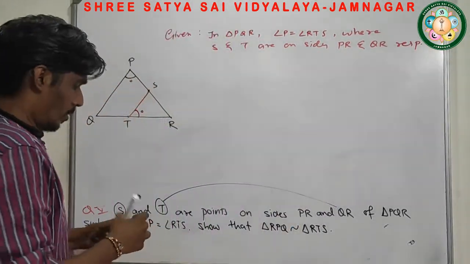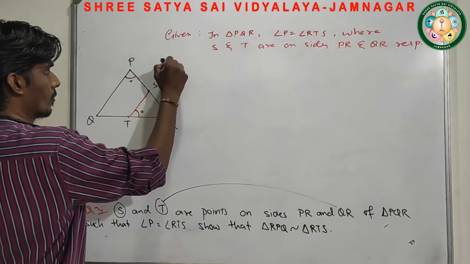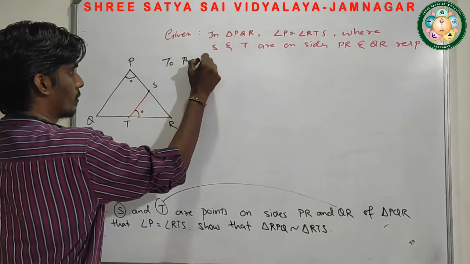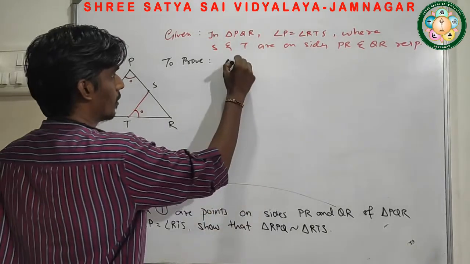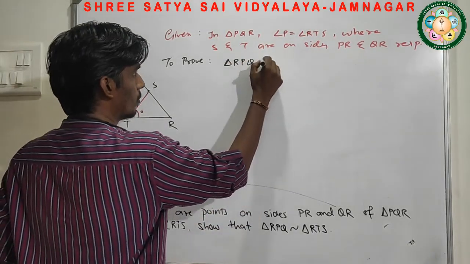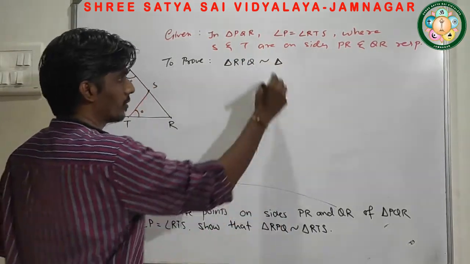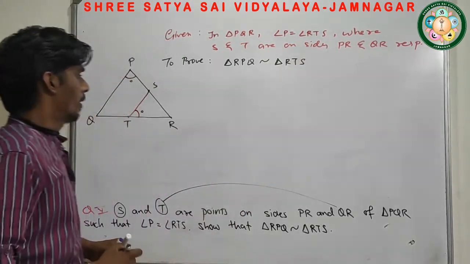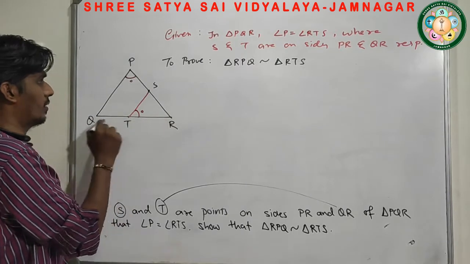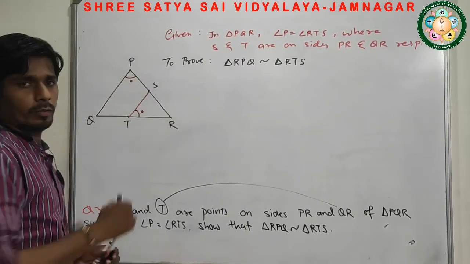This is given. What we have to prove here? We have to prove triangle RPQ is similar to triangle RTS. Means we have to prove this smaller triangle is similar to bigger triangle.